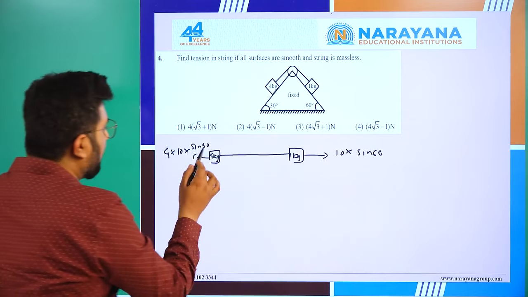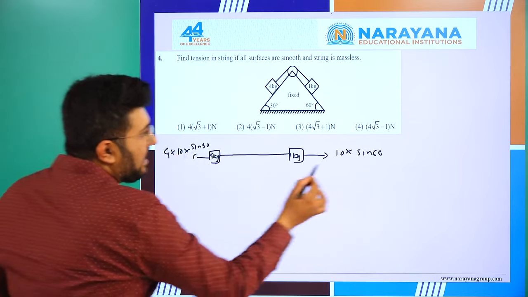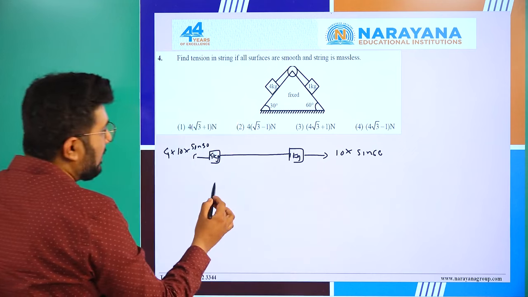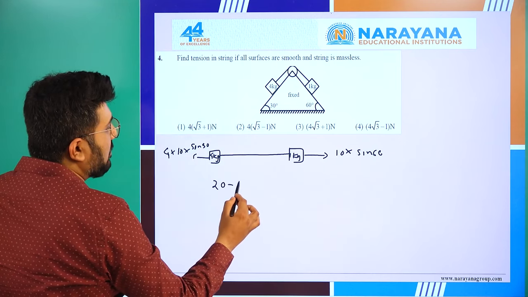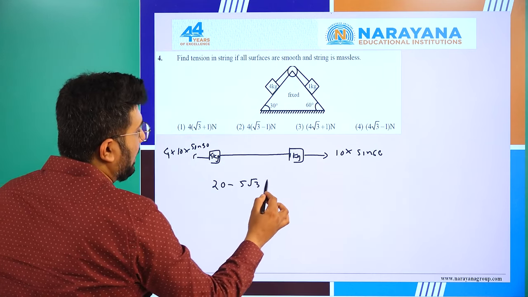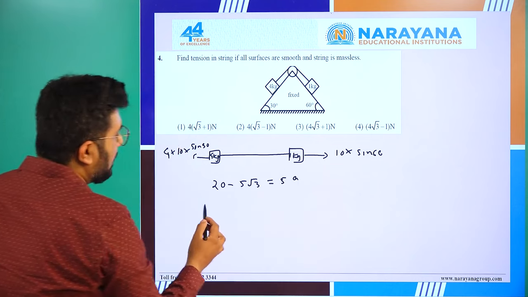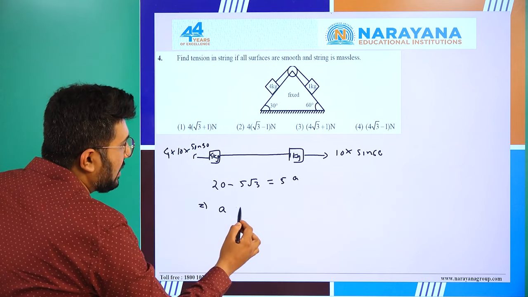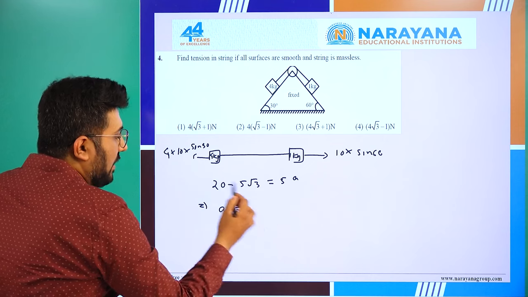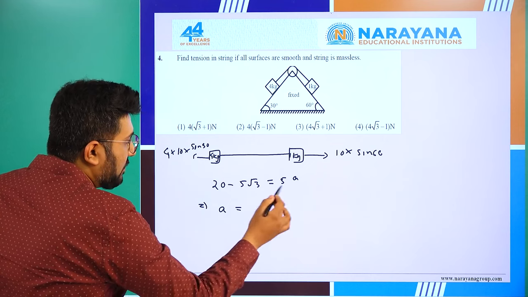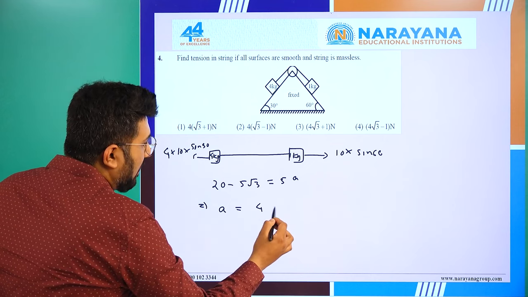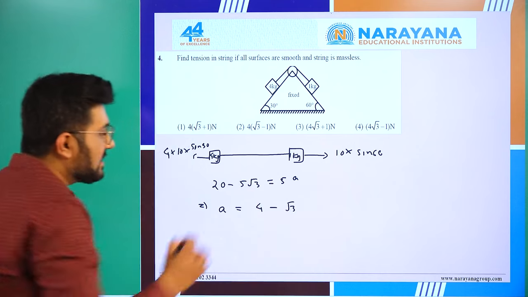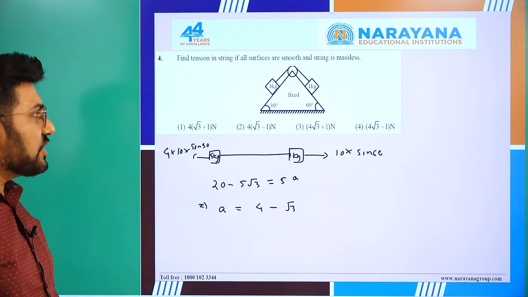So that means the net force is, this is 20 and this is 5 root 3. So I'll get net force 20 minus 5 root 3 equals 5a. So that means the acceleration is, when I solve it, I'll get 4 minus root 3. So this is the acceleration of the system.